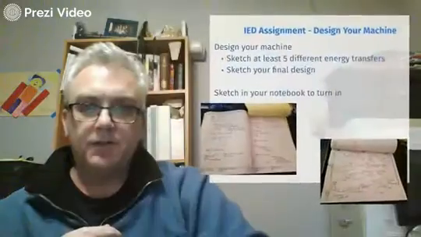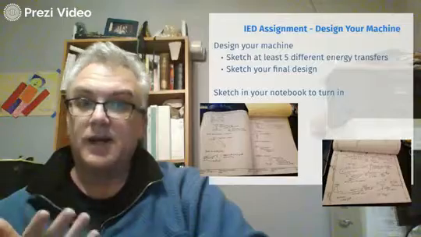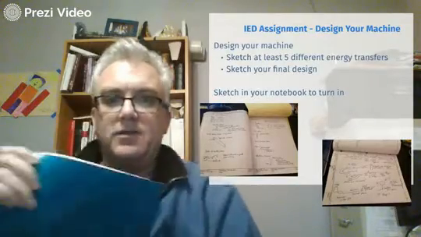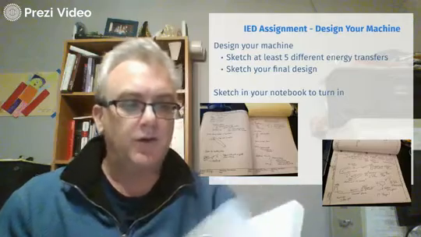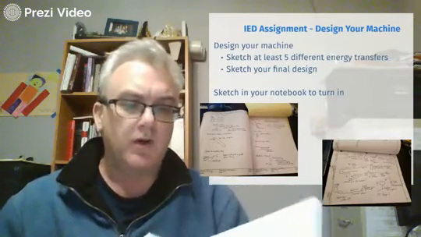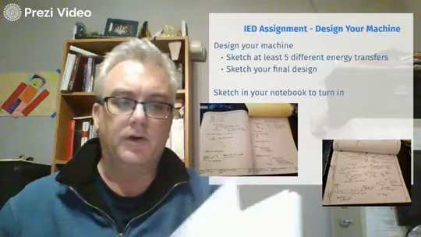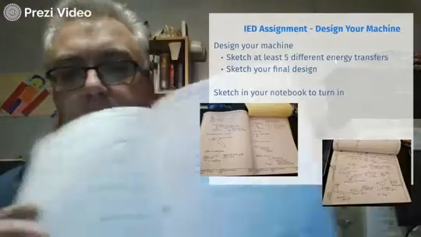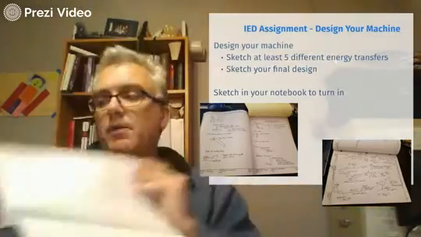So let's talk about your assignment. For IED, your assignment is going to be to design your machine. You should sketch at least 5 different energy transfers. I sketched them in my notebook. Energy transfers could be anything like dominoes falling over, or books falling over. See some of the sketches that I've got here.